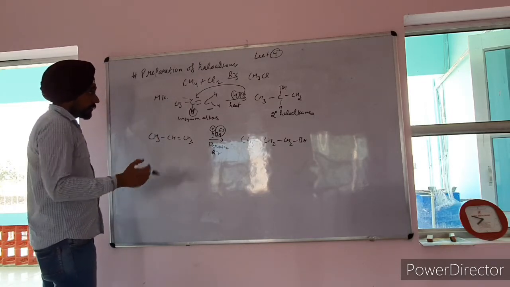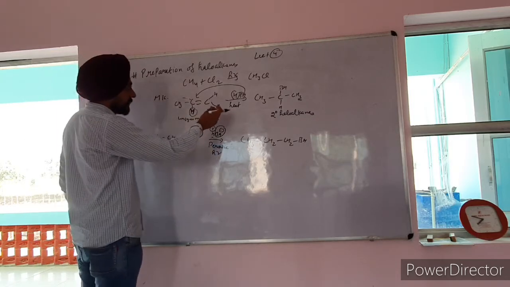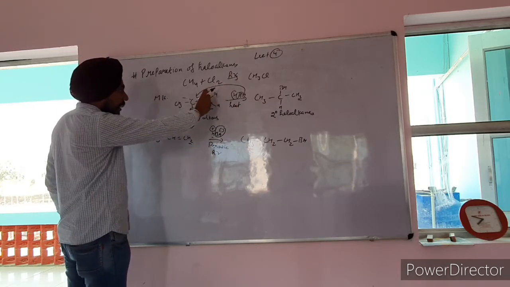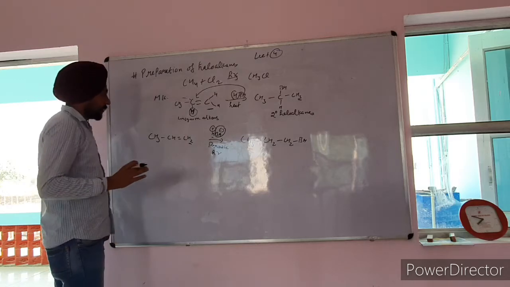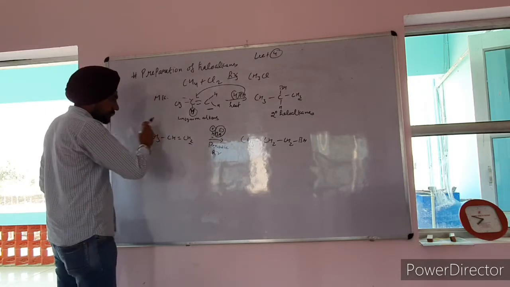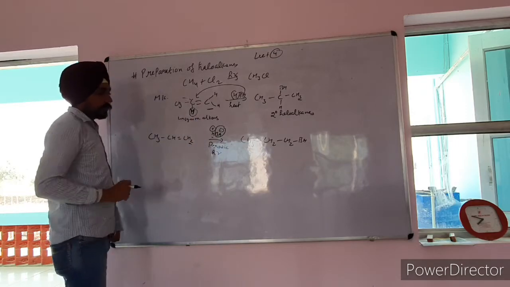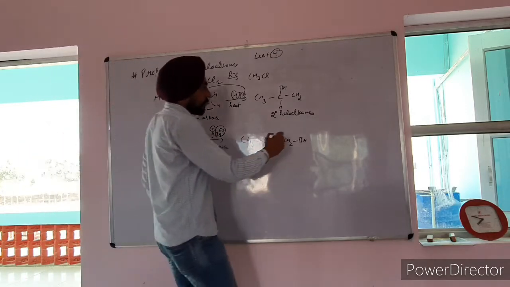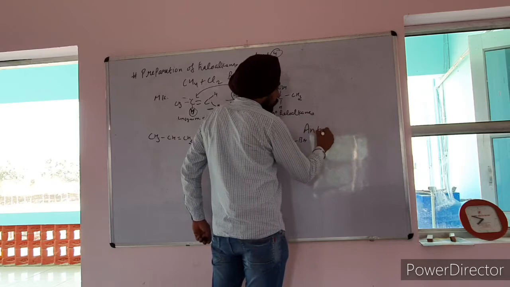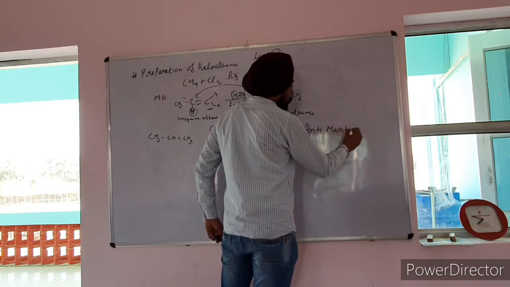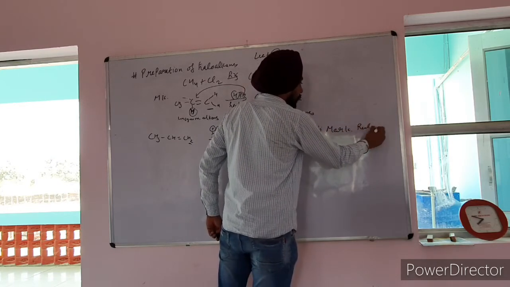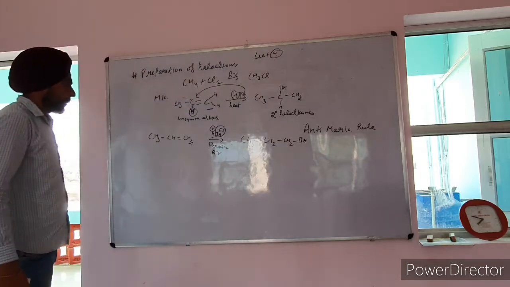Okay. In the Markovnikov rule, the most important thing is that hydrogen goes to the carbon with the higher number of hydrogens. But in this type of reaction, the hydrogen goes to the carbon with the lower number of hydrogens, and this is called the anti-Markovnikov rule.